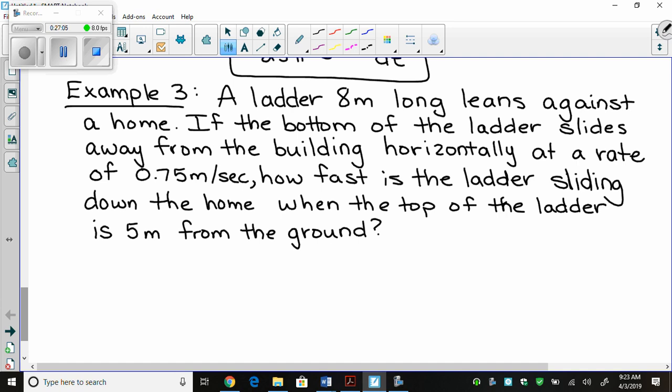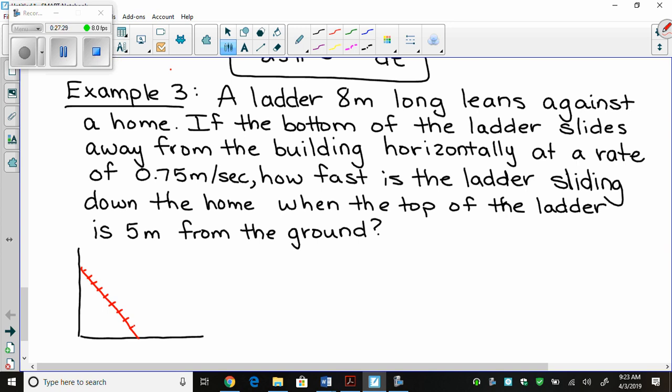All right. So let's draw this out because it makes it a little easier. Here's the home. Here's the ground. Here's the ladder. I know, thanks.